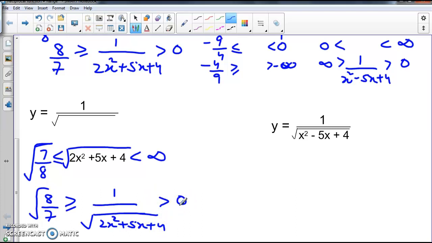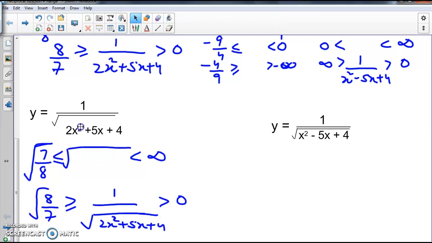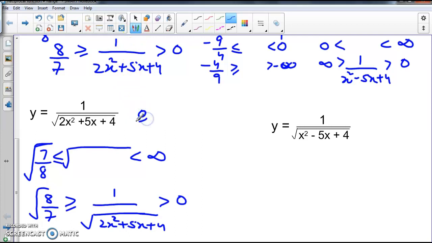So the range of this function 1 upon square root of 2x square plus 5x plus 4 is then 0 to under root of 8 by 7.